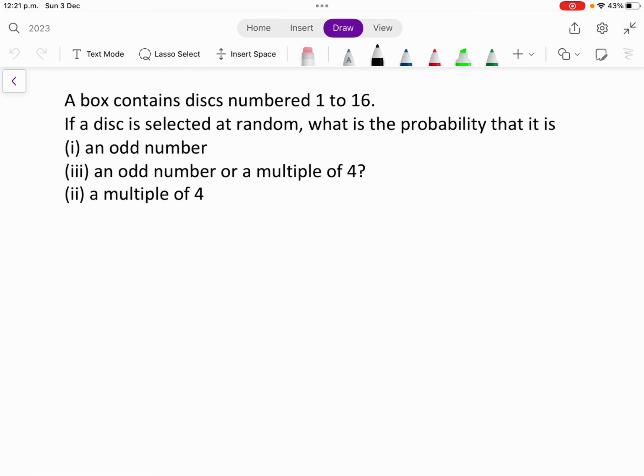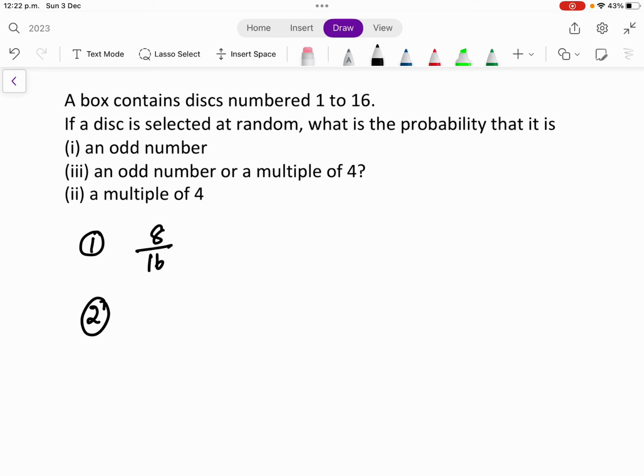A box contains discs numbered 1 to 16. For the first question, an odd number: how many odd numbers can be there? 8. So it is 8 over 16.